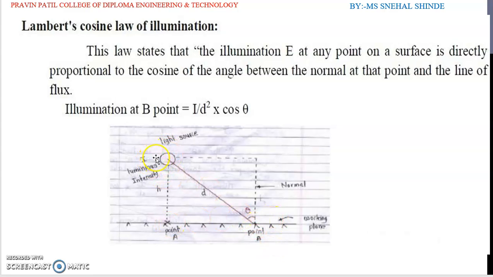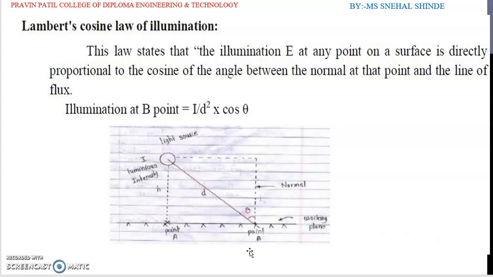This is the light source, that is the luminous intensity I. The straight distance from the light source to the point A is given by h. Then the inclination angle is formed between the light source and the point B, as it is not over the top of the point B. So this distance is given as small d. Now this is the normal plane. So the angle theta is formed between this inclined line and the normal.